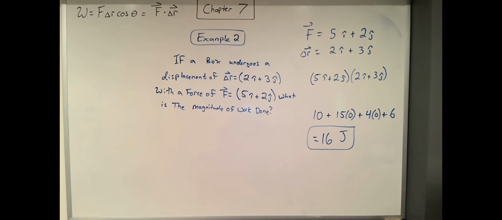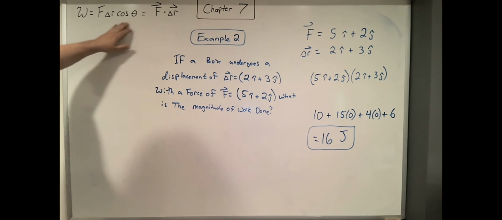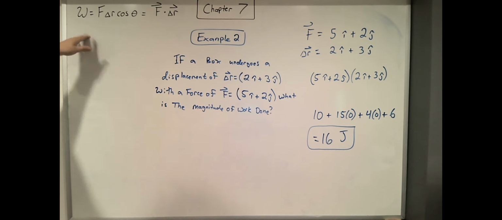Now, you might come across a problem that has you figure out the amount of work that's done, and then it might ask what the angle between these two vectors is. Well, you can use the relationship that this is equal to work, and work is just a magnitude.